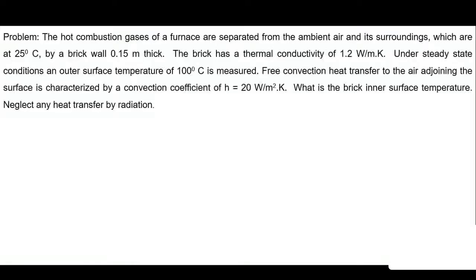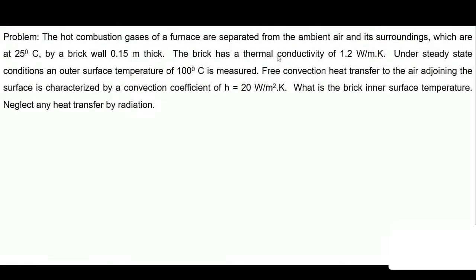In this example too, the hot combustion gases of a furnace are separated from the ambient air and surroundings, which are at 25 degrees Celsius. So ambient temperature is 25 degrees Celsius, and there is a brick in between the combustion gases and the atmosphere, and that brick is of 0.15 meter thickness.